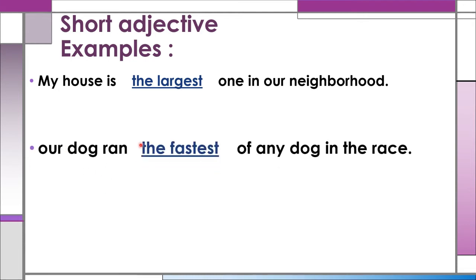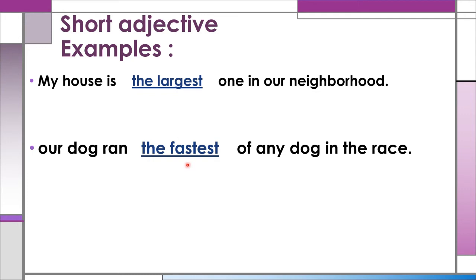Number 2, our dog ran the fastest of any dog in the race. We compare our dog with other dogs in the race. So our dog is the fastest dog in the race. Fast is a short adjective.